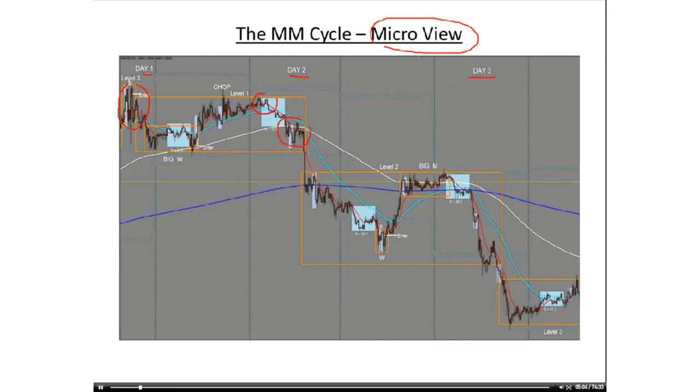So over here, for example, you're going to see, okay, here's my little pattern. It comes down, consolidates, it drops, it consolidates, it drops one more time, and then it ends the day down here somewhere. All right. So we're going to focus on the micro view. I was just showing you the patterns as it rolls.